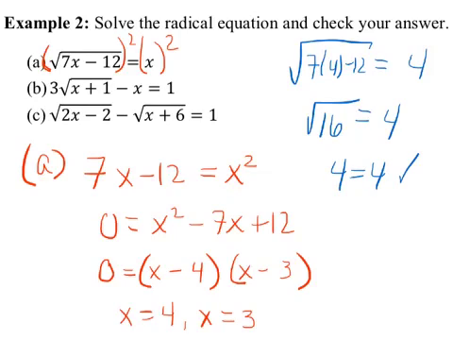Again, check them individually. You can do the math in your head if you'd like to. So you don't have to show the 28 minus 12. Just go to 16, and then 4 equals 4. Any mental math is completely fine to do in your head. Show this step maybe to see that, okay? But you don't have to show the 28 minus 12. I know you can do that math.